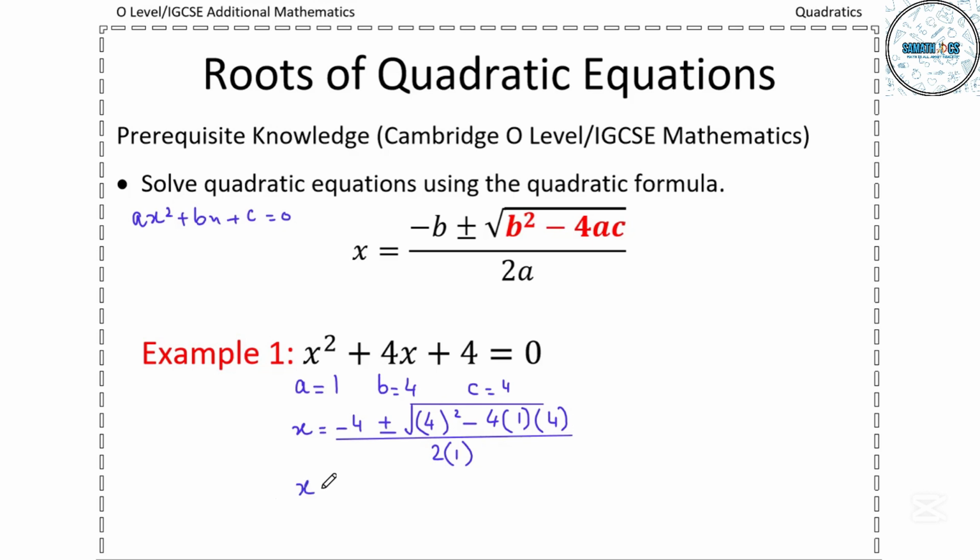When we simplify it, we get minus 4 plus minus under root 16 minus 16, divided by 2.